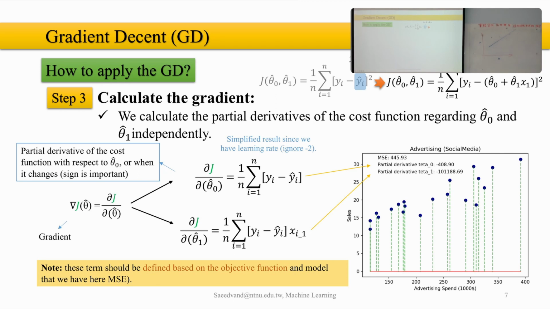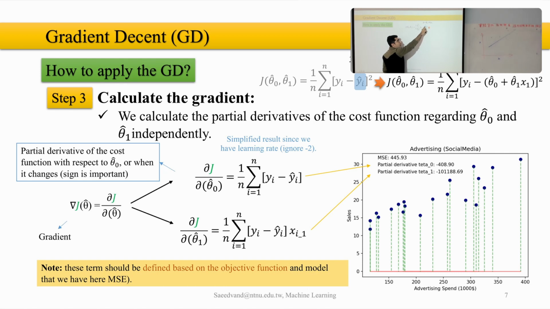But before that, I want to have a note for you here. When we are saying that J of theta hat 0 and theta hat 1 is equal to the mean square error, MSE, the average of y_i subtracted by y hat i, the point is that sometimes I see some students misunderstand this.